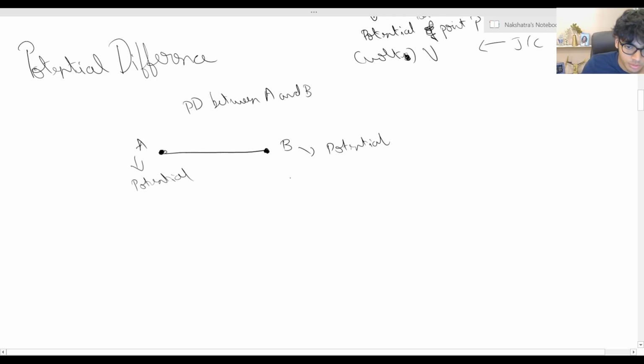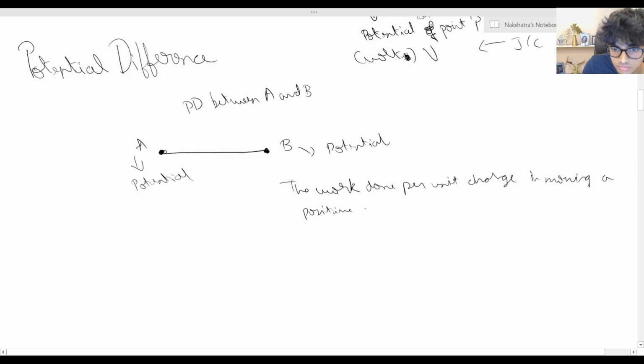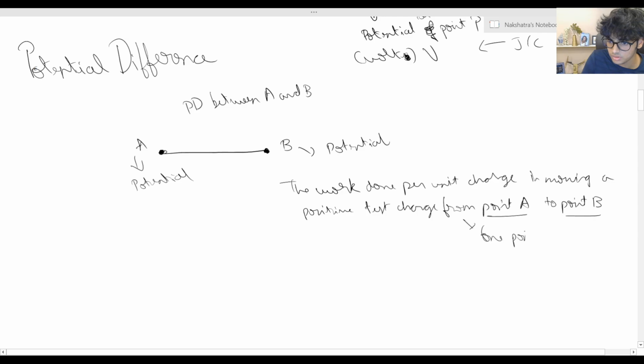So now the potential difference over here will be equal to the work done per unit charge, ठीक है, in moving a positive test charge from point A to point B, ठीक है, from point A to point B। और अगर डेफिनेशन में लिख रहे हो तो राइट from one point to the other, ठीक है, from one point to the other.